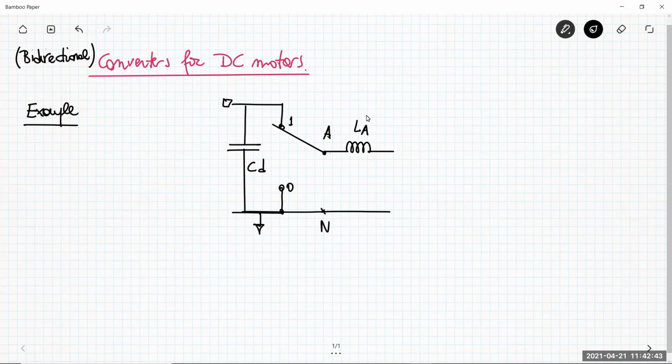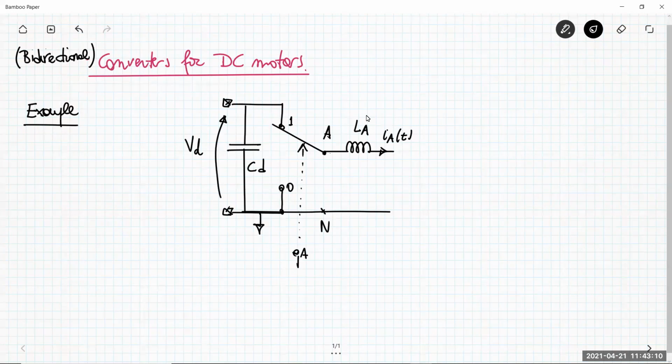At the voltage port, you have the voltage VD, which is a constant voltage, okay? And at the node A, the current port, you have the current IA flowing here. Then you have also the unitary switching function QA, a logical signal that drives the position of this switch.